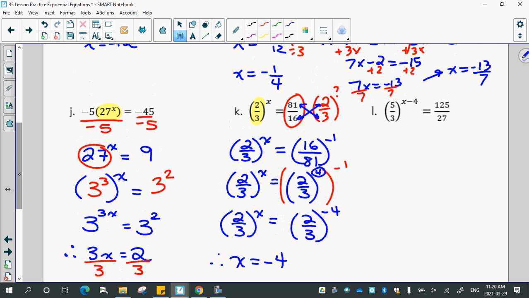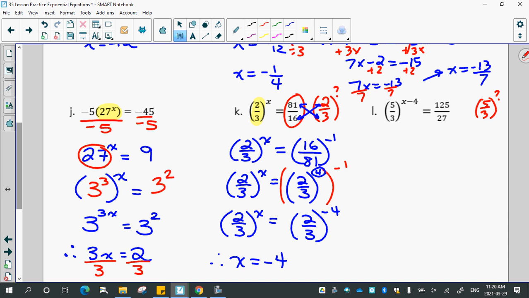And our last one. Also a fraction. So my strategy is I'm going to want to write this side as 5/3 to the something. But does 5 go with 125 and 3 with 27?